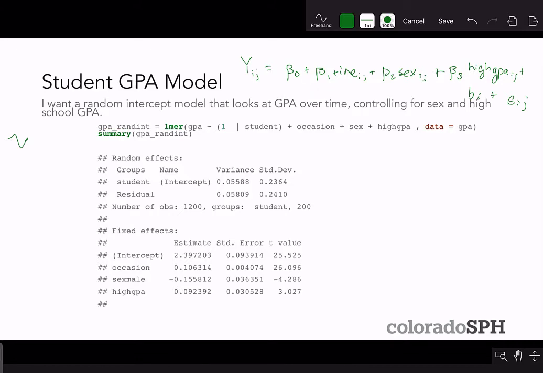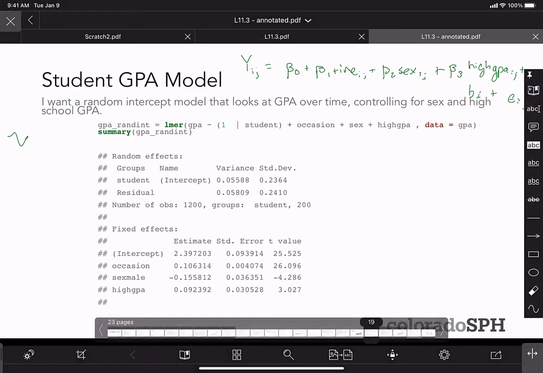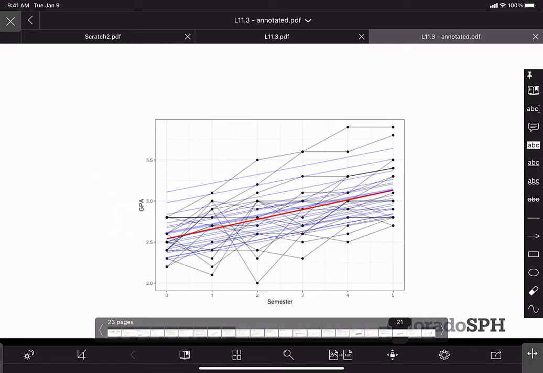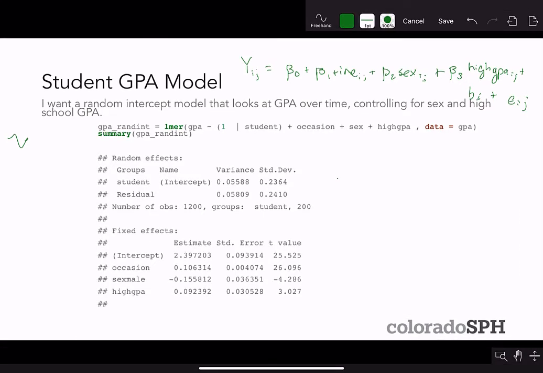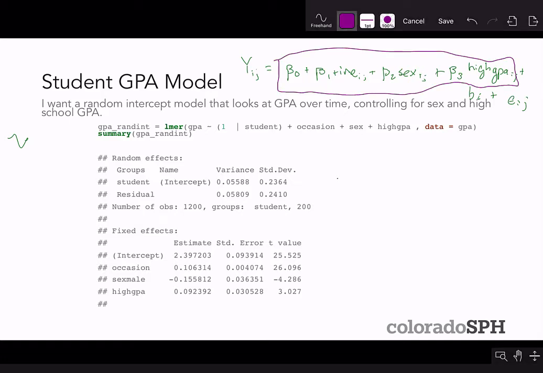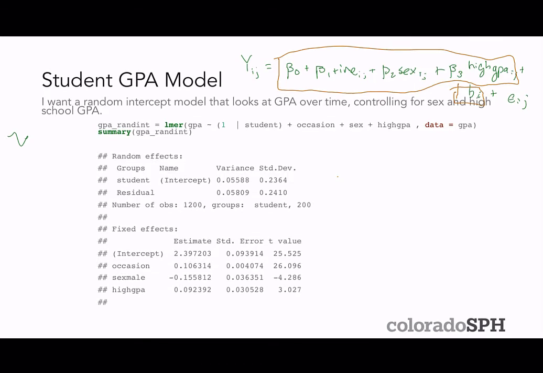So in this case, what are the fixed effects and what are the random effects? Well, the fixed effects are going to be here. Those are the population level effects. And then our random effect is just that random intercept.